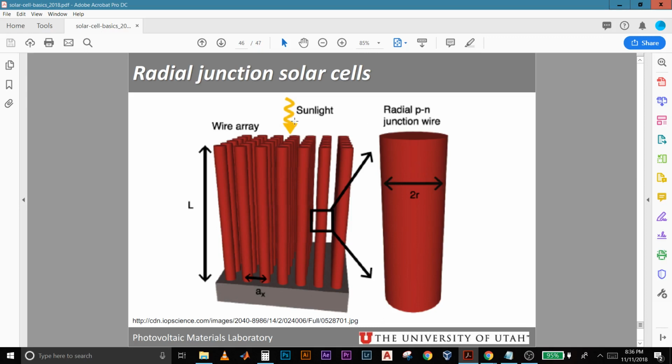The advantage in this case is an increase in the surface area of absorption of the sunlight, and also after absorption, if there's any reflection or radiation, it can be absorbed again by any other wire. So you have a large increase in the efficiency of devices using this technology. If you are interested, you can check out this interesting paper which is linked over here, which discusses these kinds of technologies.